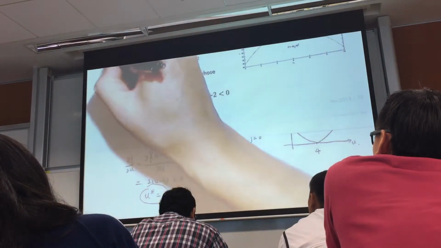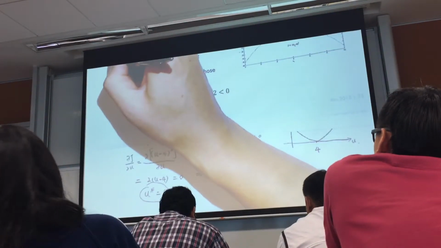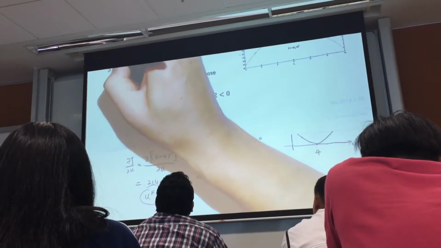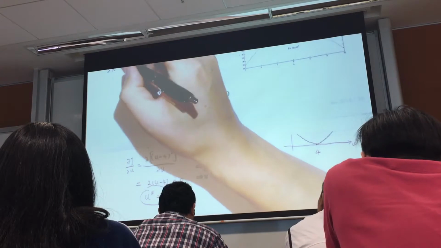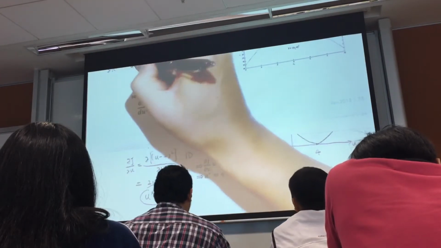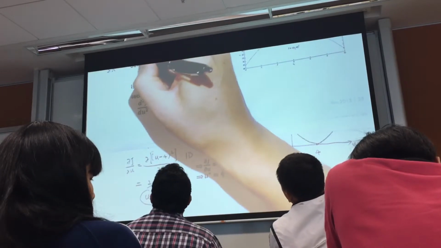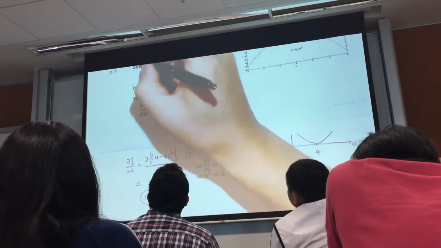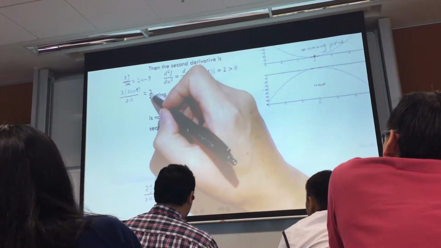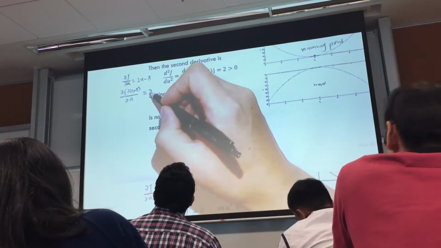If we further calculate the derivative of 2u minus 8 with respect to u, we know the minus 8 is just a constant, so it will be equal to 0, and this will give us a 2. This 2 is just a constant for any u.